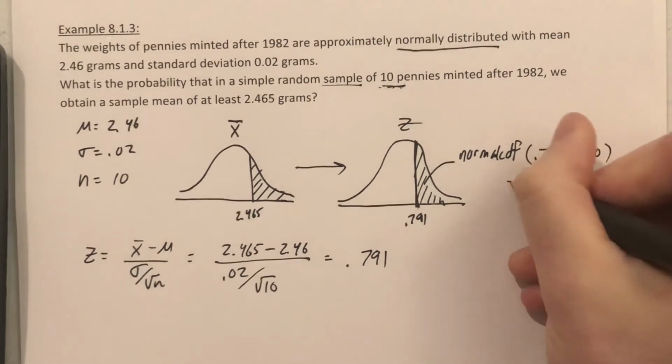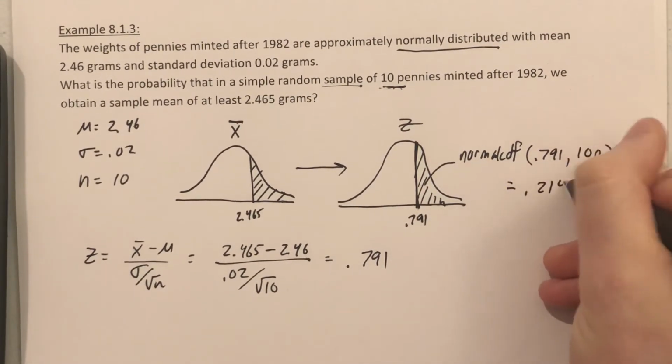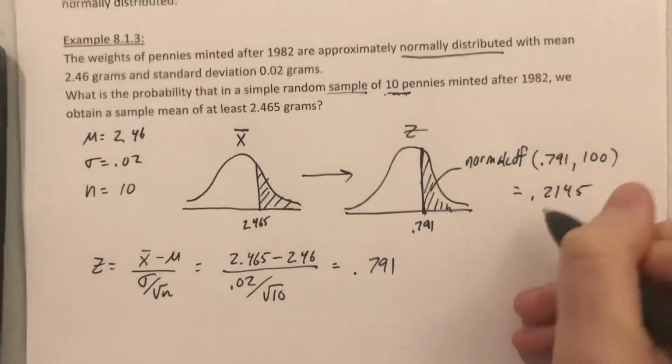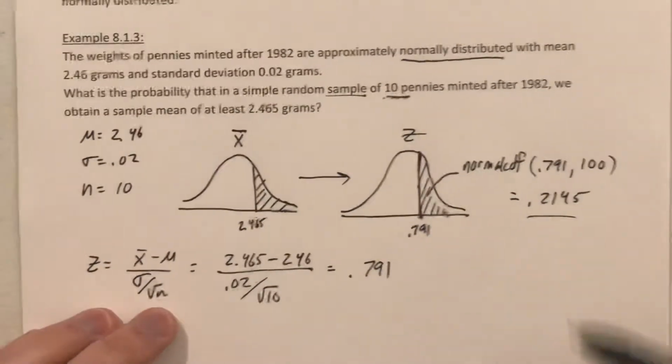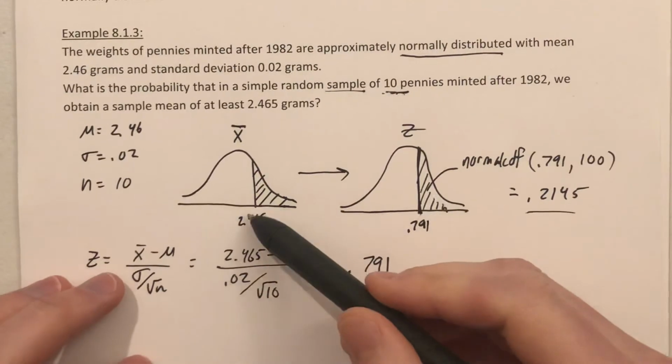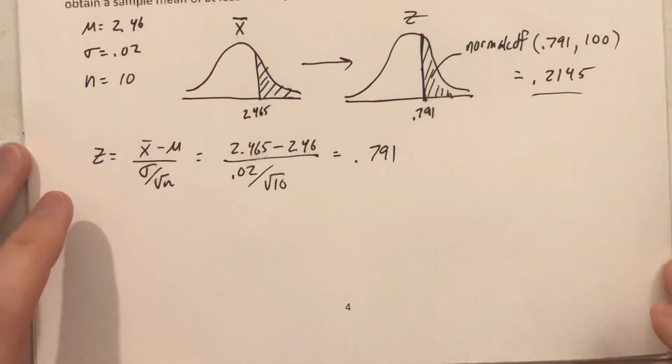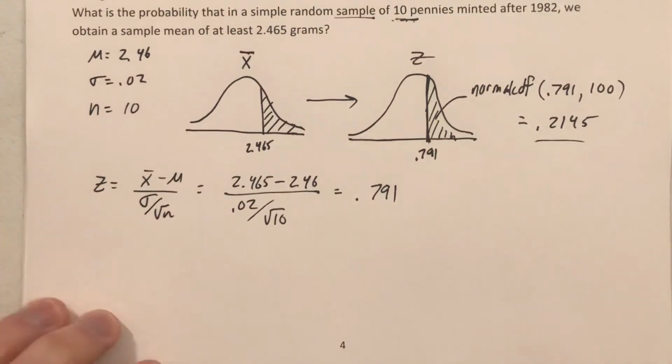And that value comes out to 0.2145 if I round it to 4 places. That represents the area under the curve, which represents the probability we're looking for. So we can then answer this question.